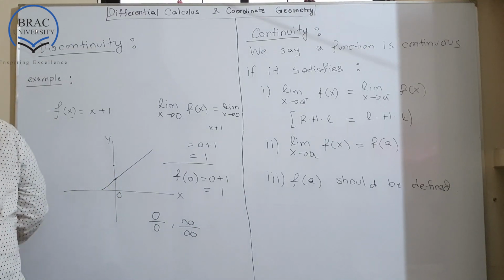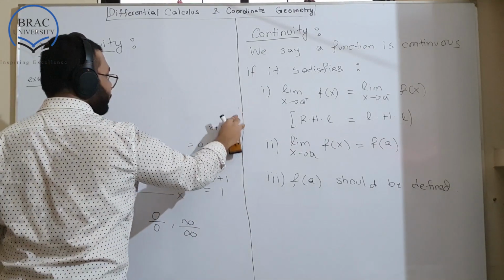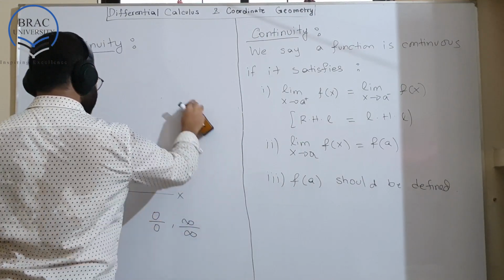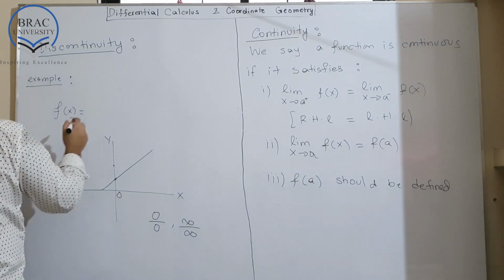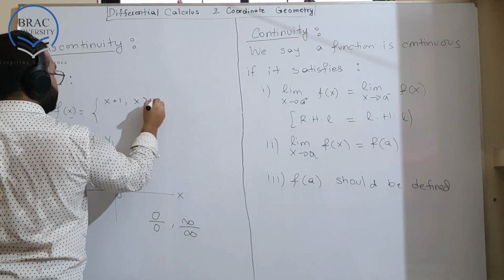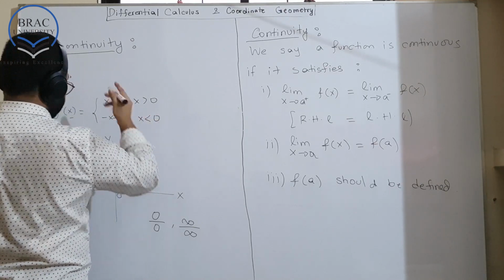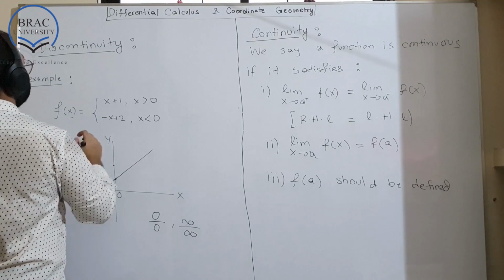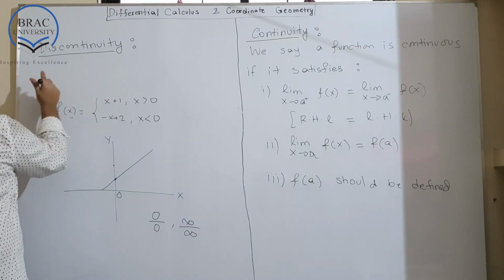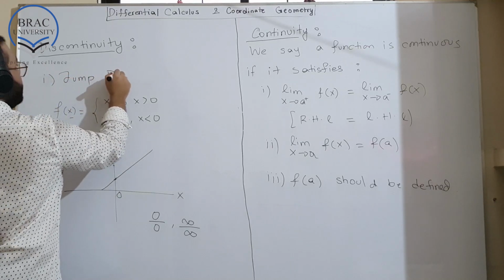The first one is similar to our example of left-hand limits and right-hand limits. Let's consider the piecewise function x plus 1 when x is greater than 0, and minus x plus 2 when x is less than 0. So the first one, let's call it jump discontinuity.